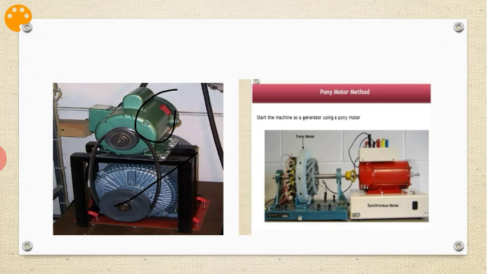Here I conclude in one sentence: for the synchronous motor, you have to run the rotor somehow and bring it near the synchronous speed. So another motor is used, coupled to this synchronous motor, bringing it near the synchronous speed, and after that you apply the DC supply to the excitation coil.